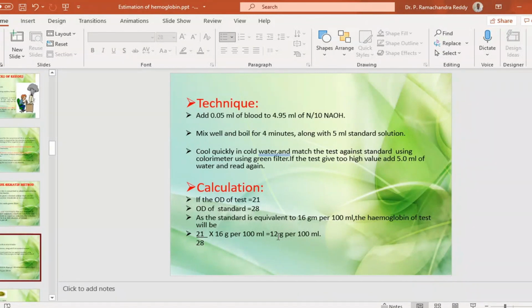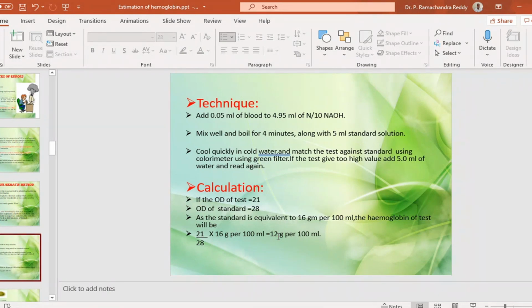For calculating, if the OD of the test is 21 and the OD of the standard is 28, then since the standard is equivalent to 16 grams per 100 ml, the hemoglobin of the test is 21 by 28 into 16, which equals 12 grams per 100 ml.